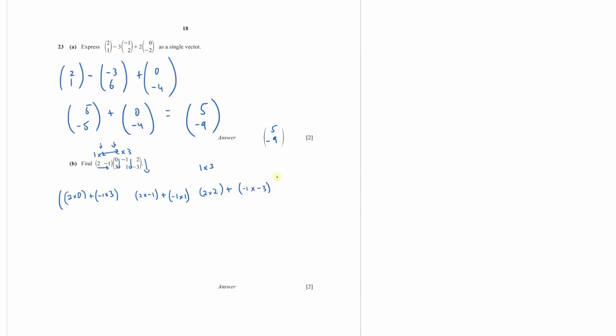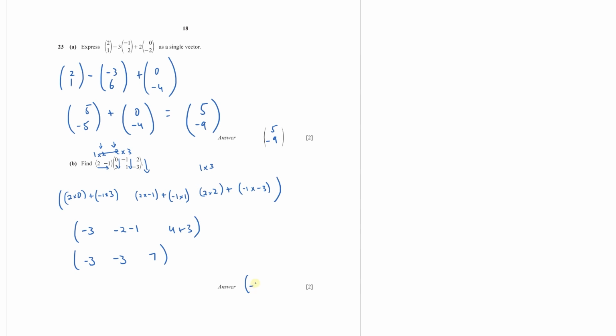So 2 times 0 is 0. 0 plus 3 times minus 1 is minus 3. So this is minus 3. 2 times minus 1 is minus 2, and then minus 1. And then 2 times 2 is 4, and then minus 1 times minus 3 is plus 3. So 4 plus 3. So this is minus 3, minus 3, 7.